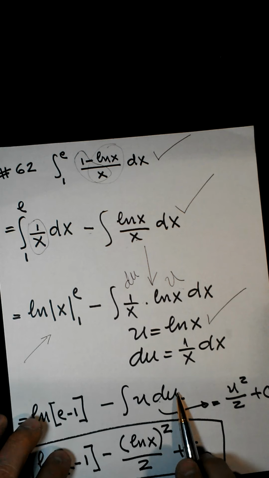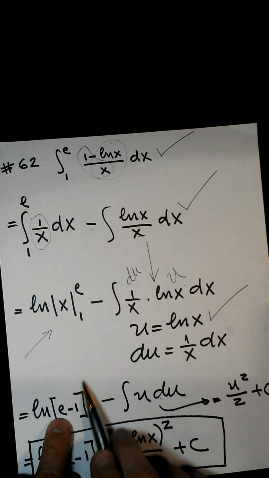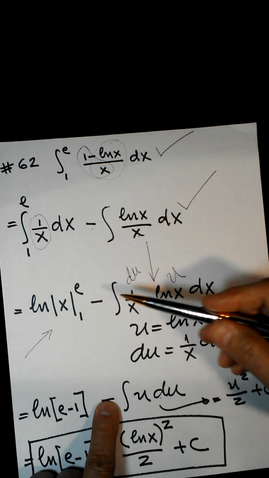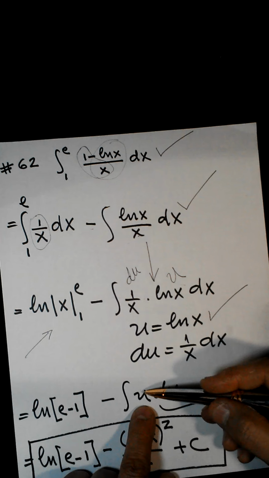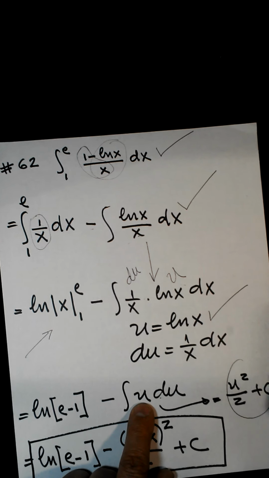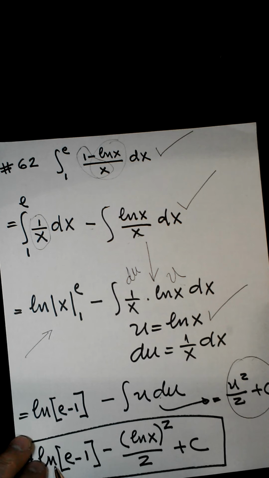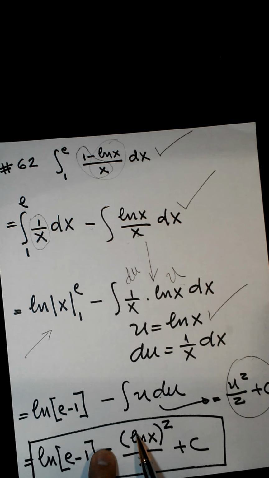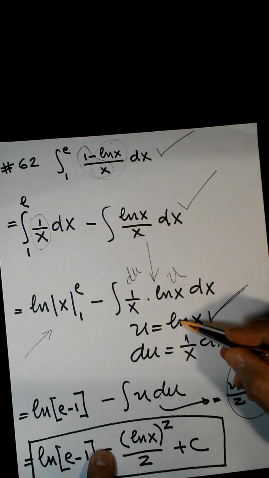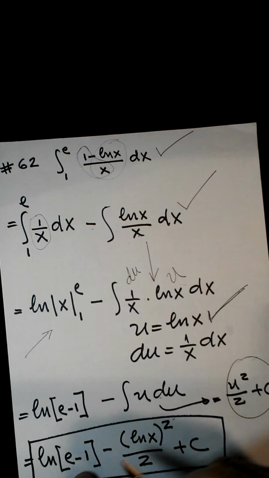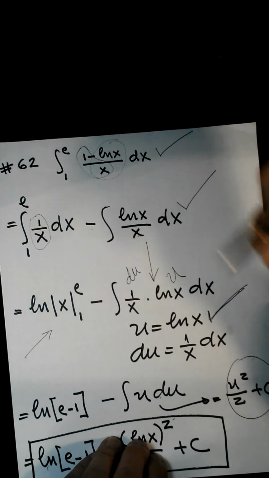So we don't want to make decimals here. It's just log natural of e minus log natural of 1, minus the integral of u du. Don't forget that you're integrating u, so the integral is u squared divided by 2 plus c. Now it's time to write the final answer: log natural e minus log natural 1, minus this is the u, which is log natural of x, that entire thing inside the parentheses, squared, divided by 2. This is the final answer for number 62.